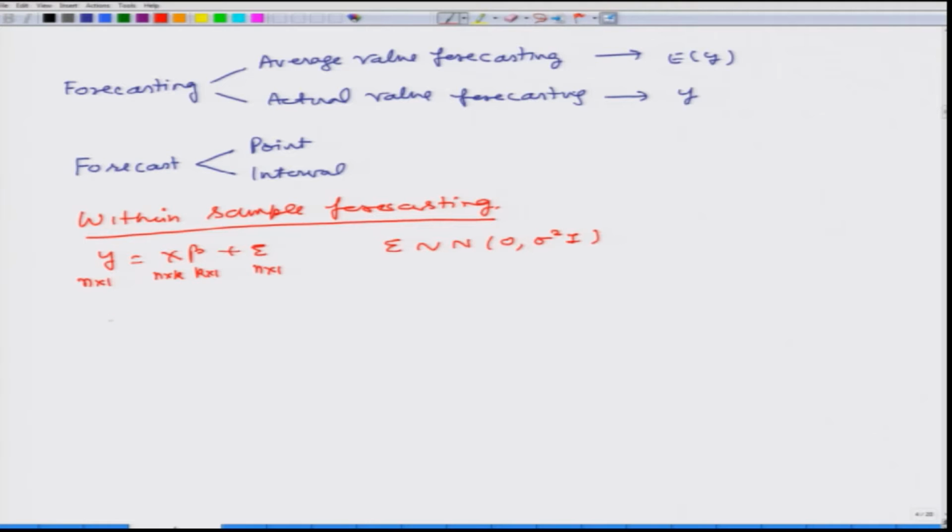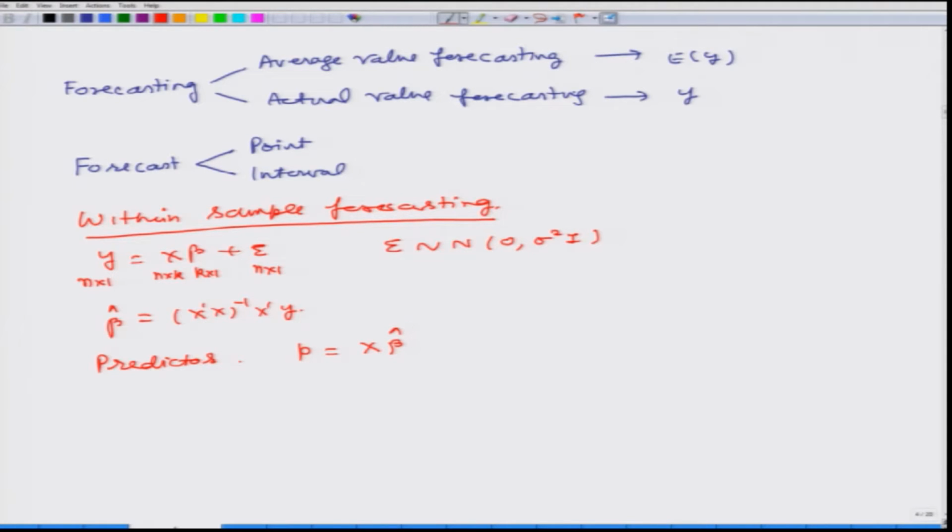And we already have seen that this beta is unknown, and we estimate beta by beta hat as say x transpose x whole inverse x transpose y. Now, based on that, we try to construct a predictor, and this predictor is constructed like p is equal to x beta hat.